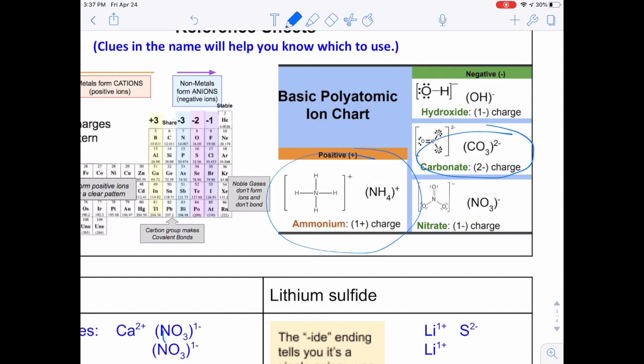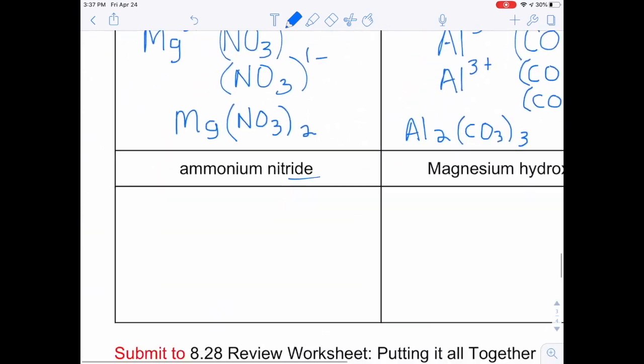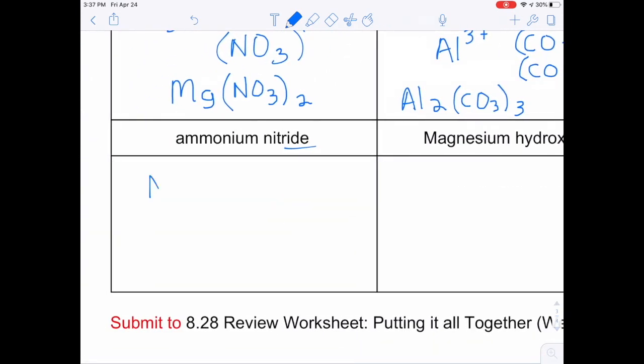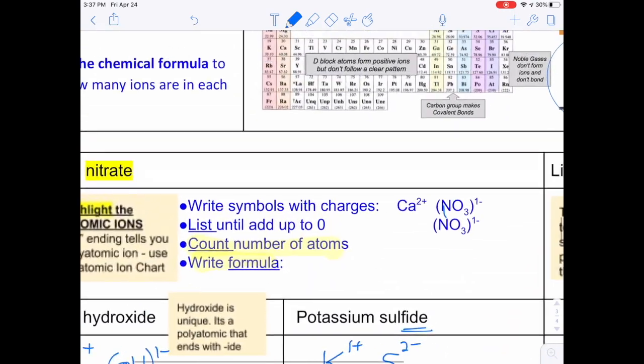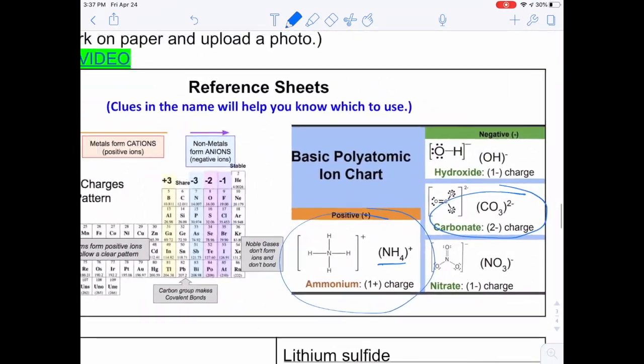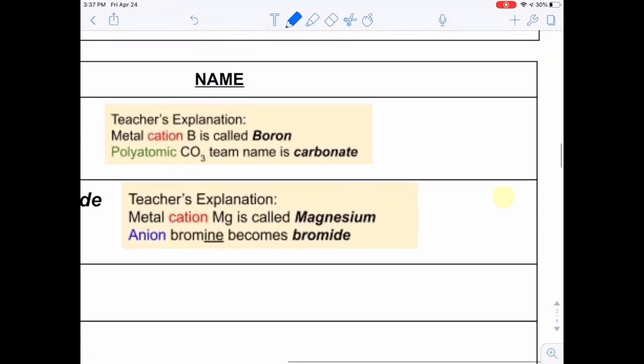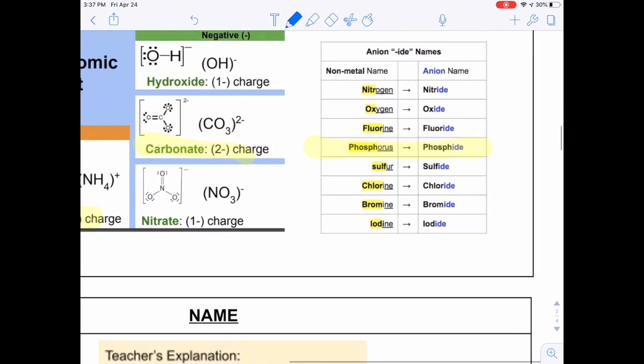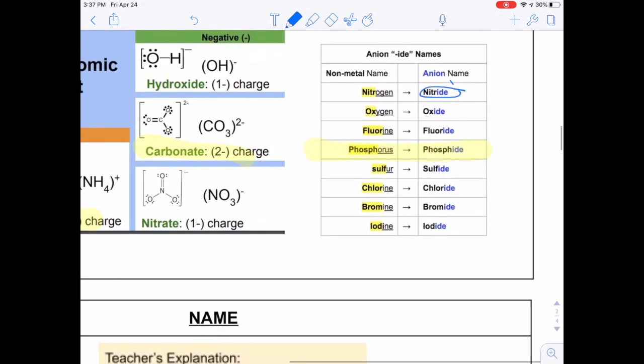So ammonium is NH4 plus 1. And nitride, you might be able to guess without looking at the chart, nitride is nitrogen. But let's look here in case you didn't know that. Nitride is nitrogen.